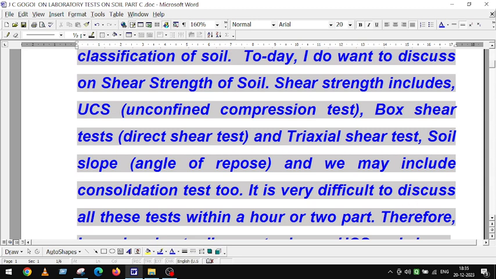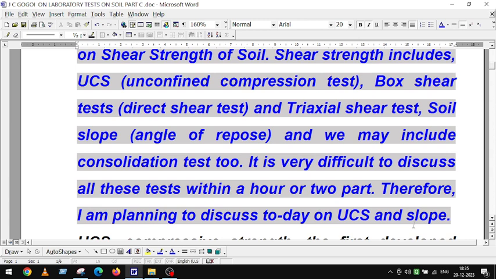Consolidation of soil is an important phenomenon for designing a structure with appropriate and adequate safety and with a minimum amount of settlement. Settlement is also a part of our structures.